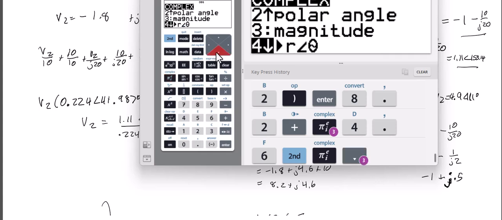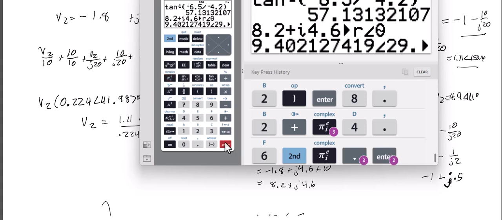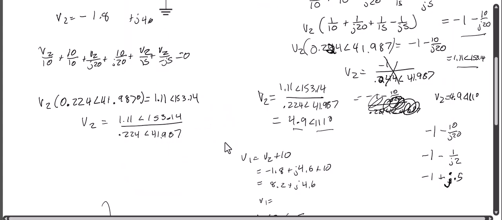Yep, mathematically. So this gives me V1 equals 9.4 angle 29.6 degrees.